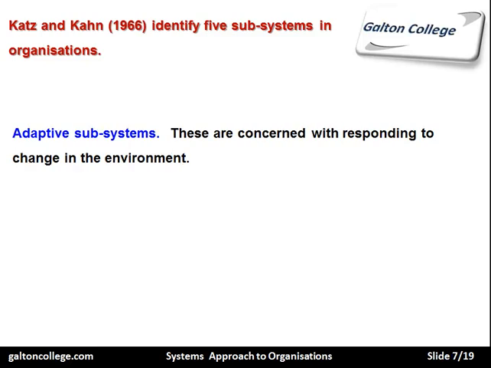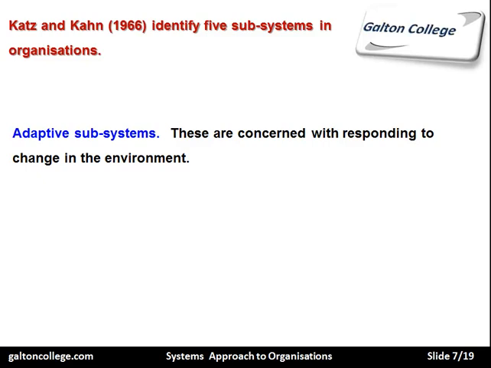There's also the adaptive subsystem. These are concerned with responding to changes in the environment. It's important that organizations are aware of what's happening in the environment. It may want to conduct a PEST analysis, for example, the politics, economics, social and technological environments within which the organization is placed, and recognize that these outside forces impinge on the organization, and the organization has to adapt to enable it to continue to function.